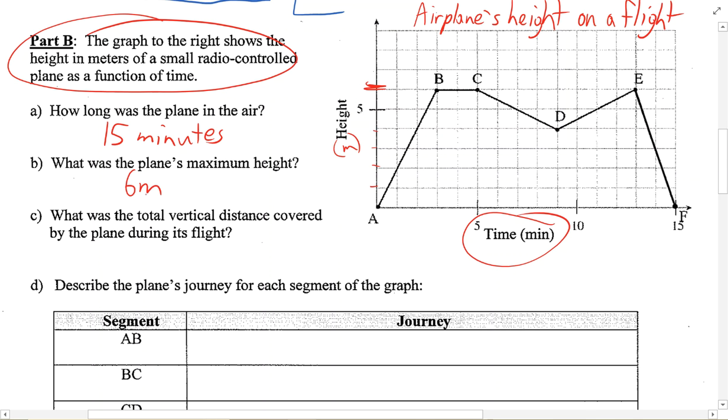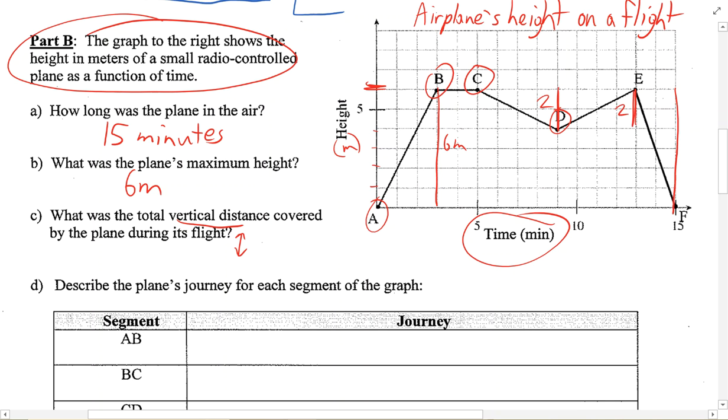Next, what was the total vertical distance? So vertical distance is up and down, covered by the plane during its flight. Well, let's have a look. So from A to B, what happened? Well, it went up 6 meters. From B to C, what happened? It didn't go up or down. It just flew at a constant height. So it flew steady at a steady height. Then from C to D, well, here it went down 2 meters. Then from D to E, it went up 2 meters.